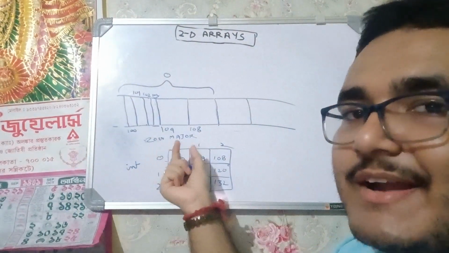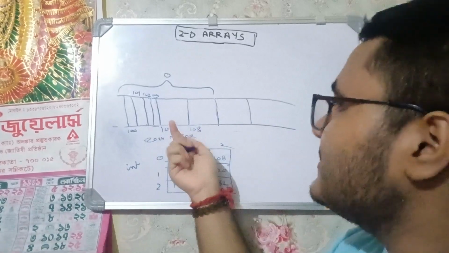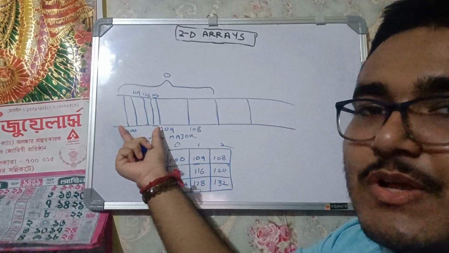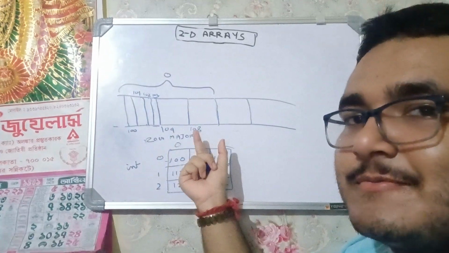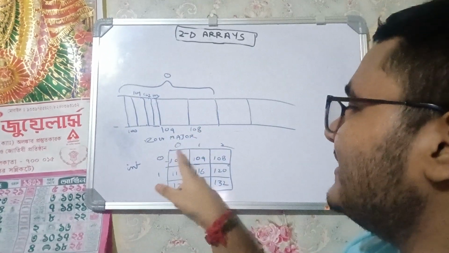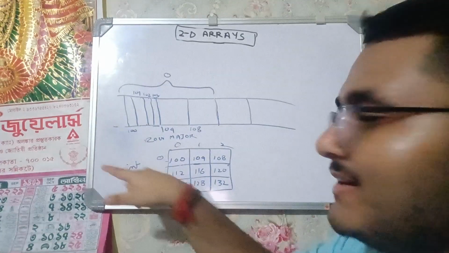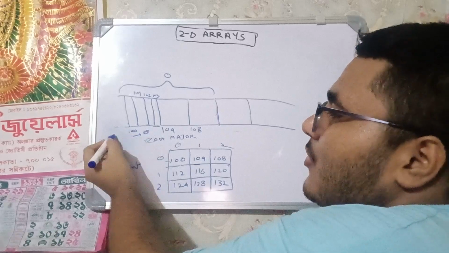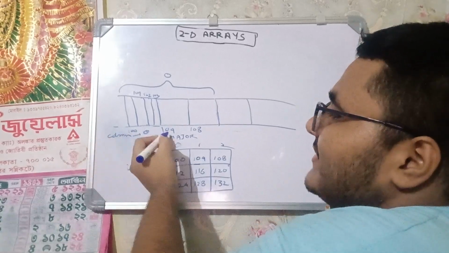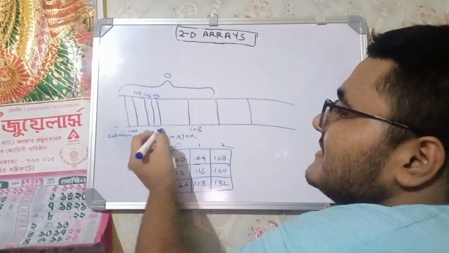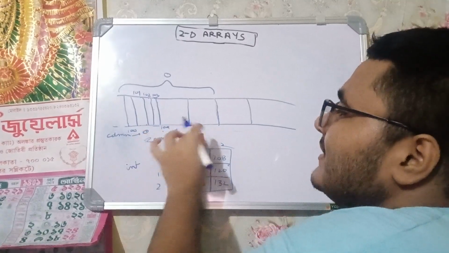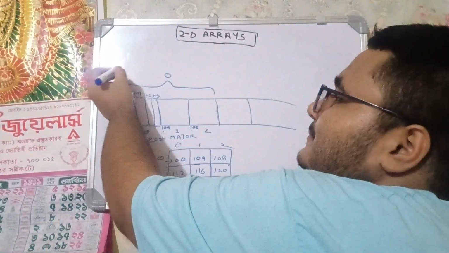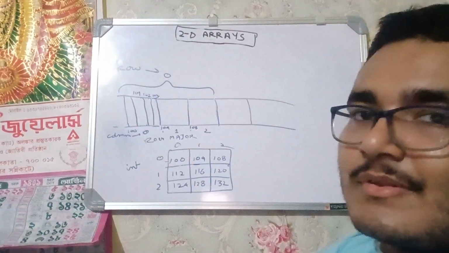And inside each of these, each individual block is a column. The base address of this is 100, and so this is column 0, index 0. These are the columns. Okay. Again, this is starting from 104, this is 1, 108, and this is row. Fine.